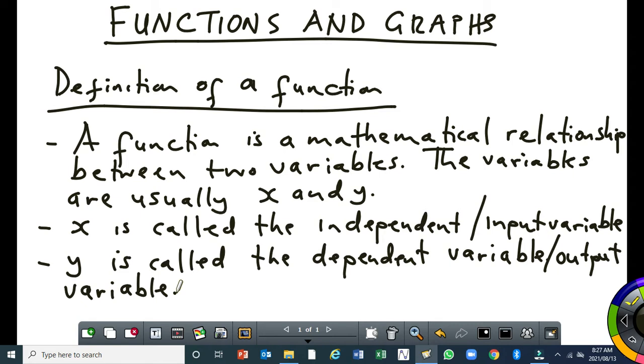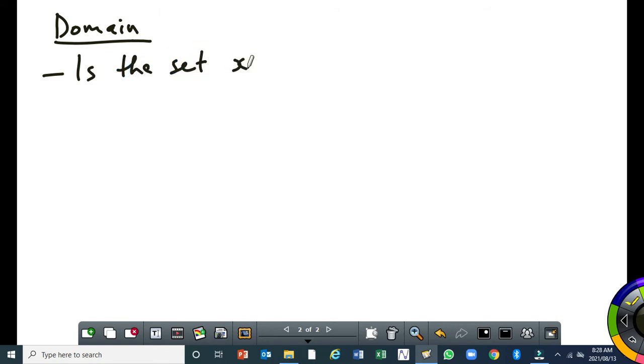Then the next thing, you need to know the definition of domain and the definition of range. We have discussed that under the trigonometric function, so that shouldn't be a problem at all. So we have domain. You should know that it is the set of all the x values.